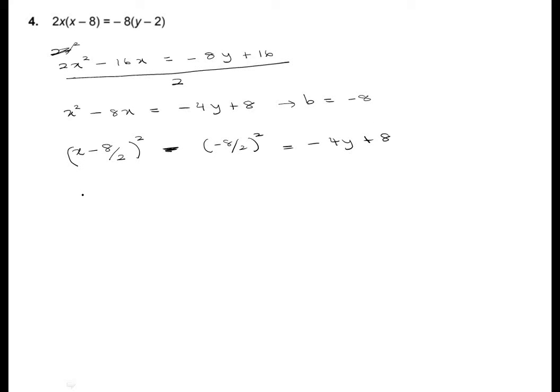So let's simplify. 8 over 2 is 4. 4 squared is 16. Negative 8 over 2 is negative 4, squared, we get 16. Then we can leave x minus 4 squared on the left and bring negative 16 to the right.